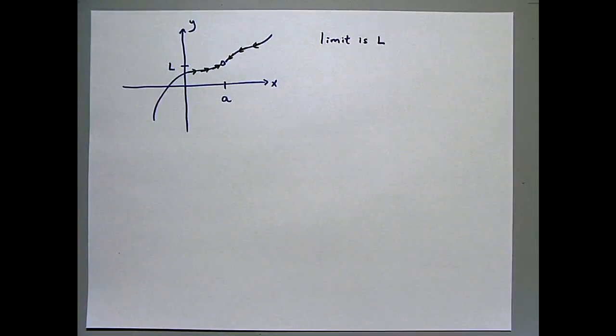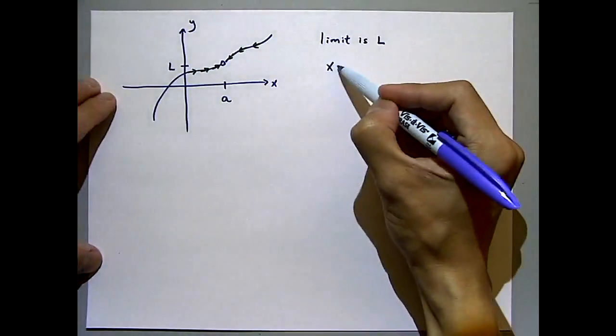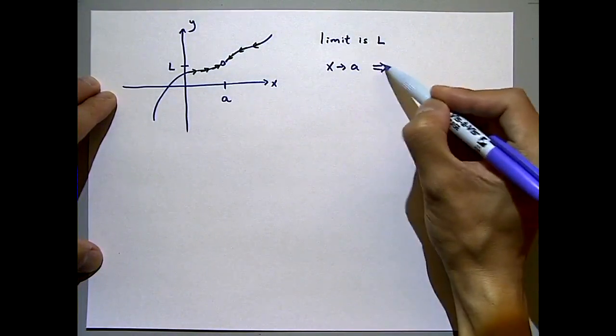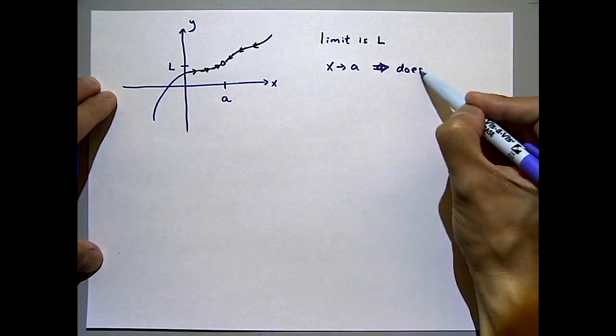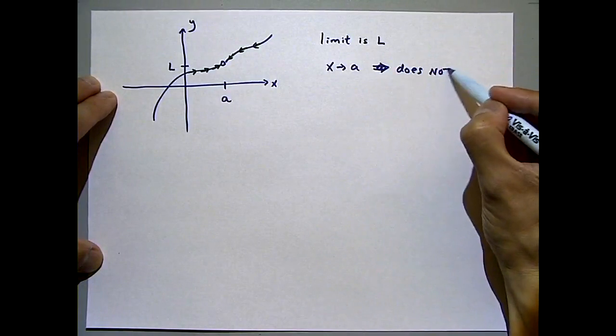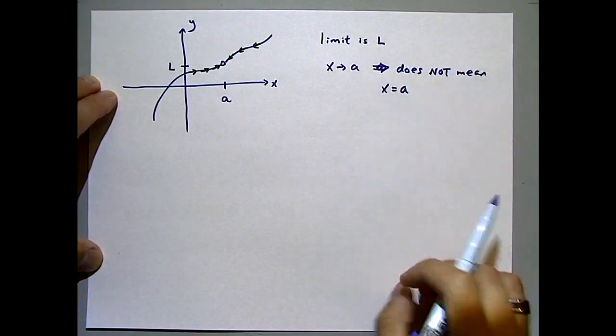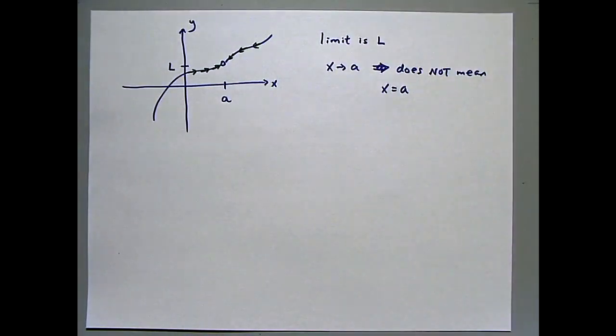We want x to be as close to a as you can make it, and make it even closer. So x approaches a does not mean x is equal to a. If we could make x equal to a, that's great, but that's irrelevant as far as the limit is concerned.